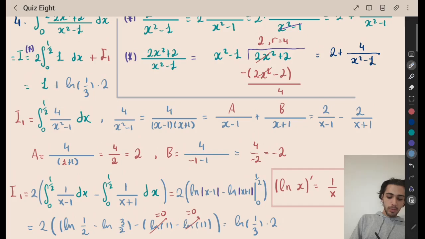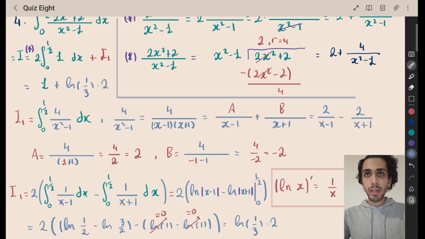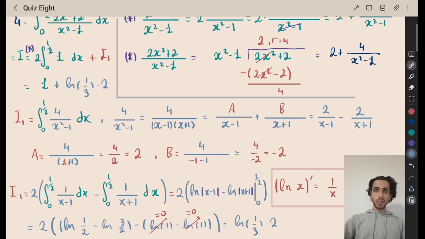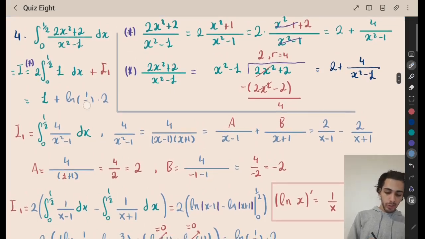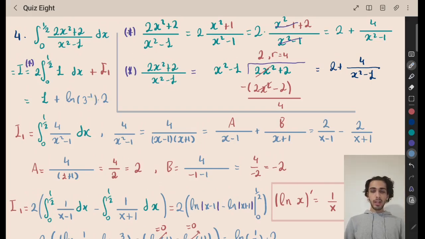It's because even if it's not in the answers at all, not even remotely, you could just make a small adjustment to bring it into a nicer format. And that is, 1 over 3 is 3 to the minus 1. And with the ln function, it has this special property that the exponent can go outside as a coefficient.